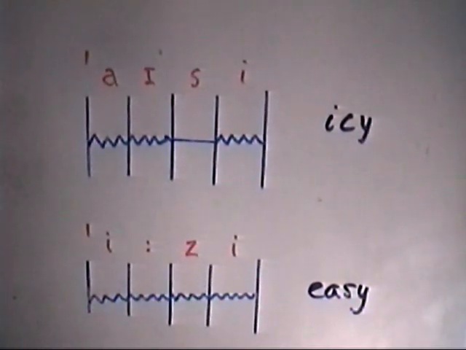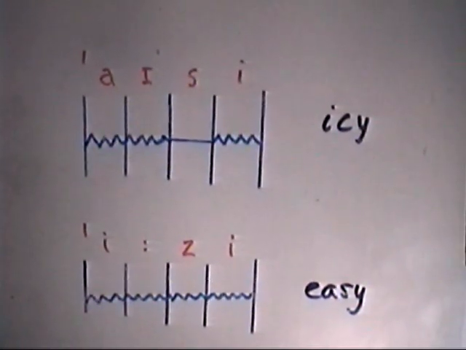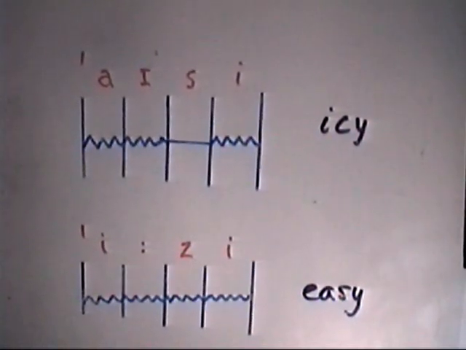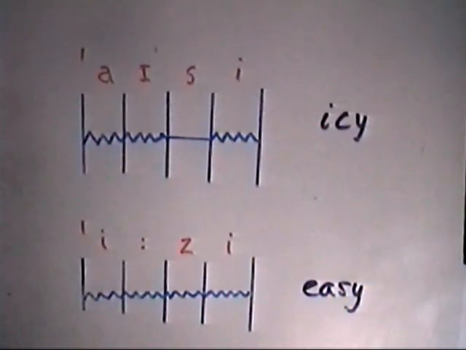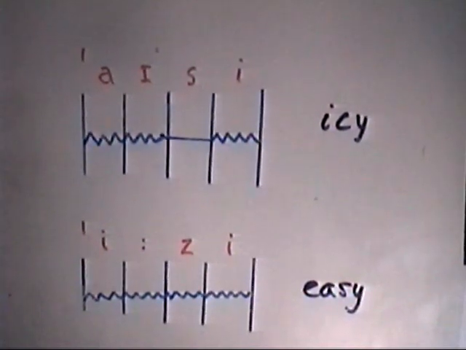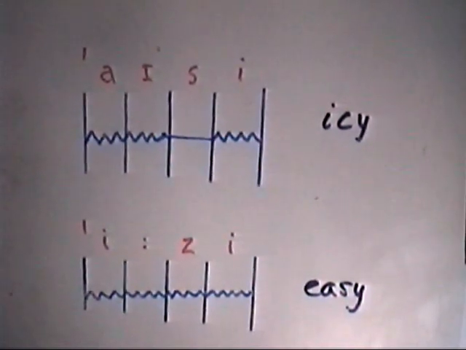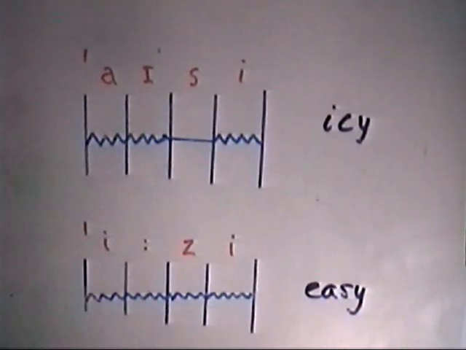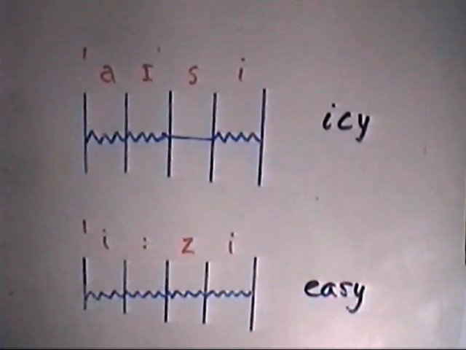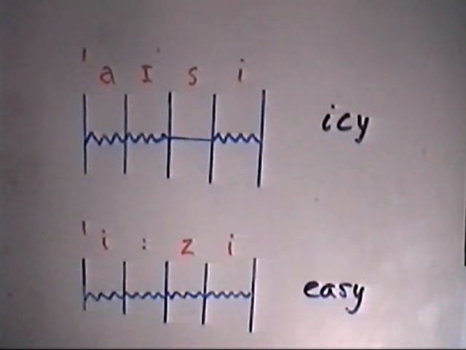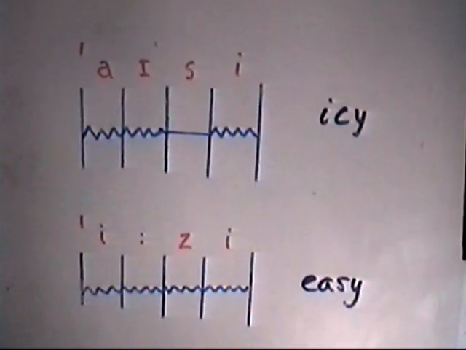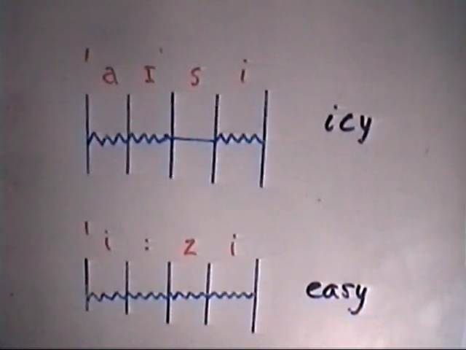In the case of easy, on the other hand, the voicing continues throughout without any interruption, because the whole thing requires voicing. And this kind of diagram might be helpful for Spanish or other learners who have a problem making this distinction.